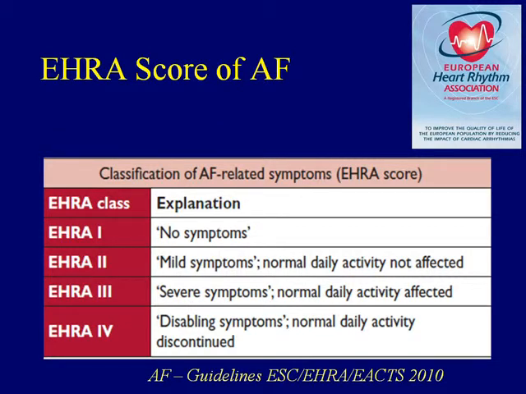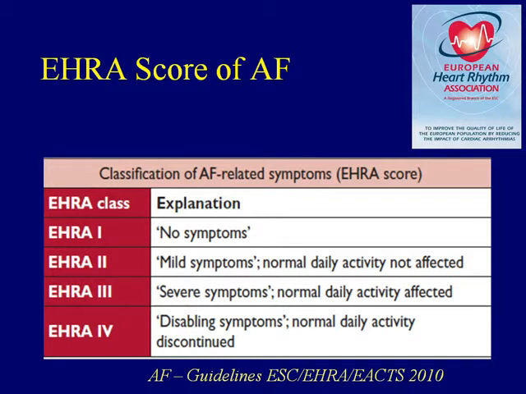What is atrial fibrillation doing to the patient? And this is the new classification from the European Heart Rhythm Association, which relates to symptoms. You can have no symptoms, as I told, the silent atrial fibrillation. You can have mild symptoms, then it's EHRA class 2, 3, or disabling, then it's 4.